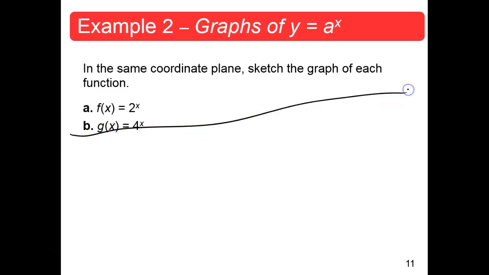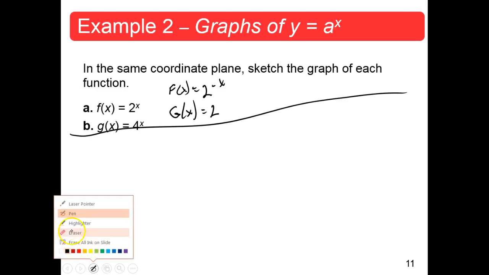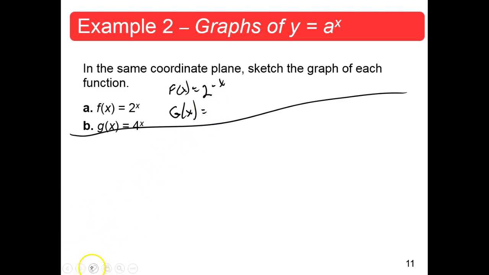Okay. This time, we're going to be looking at two functions, capital F of x, and this capital F of x is going to be 2 to the minus x, and we'll also then look at capital G of x, which is 4 to the minus x. Okay, sorry about that. Why will the pen not come up? There we go. 4 to the minus x. Okay?